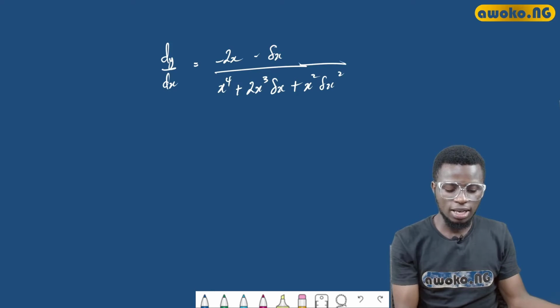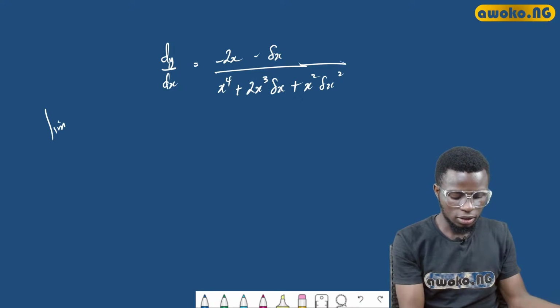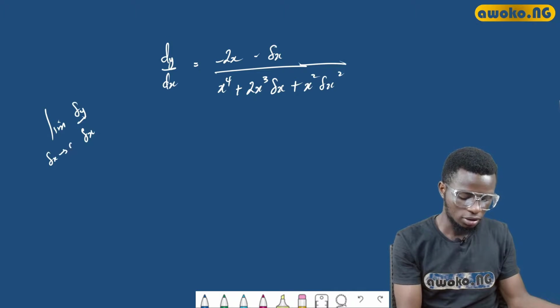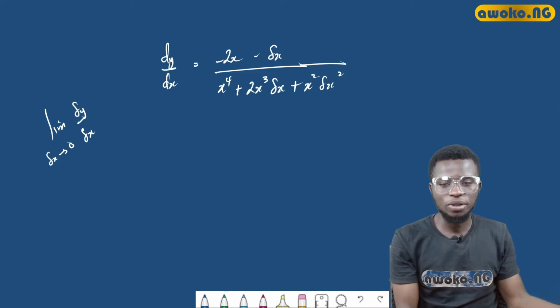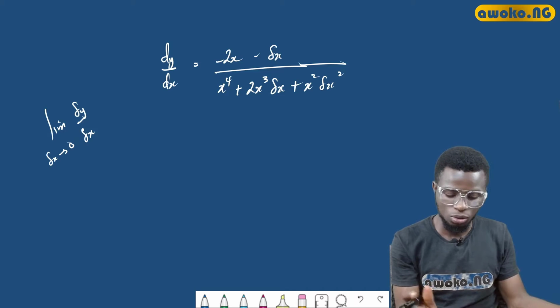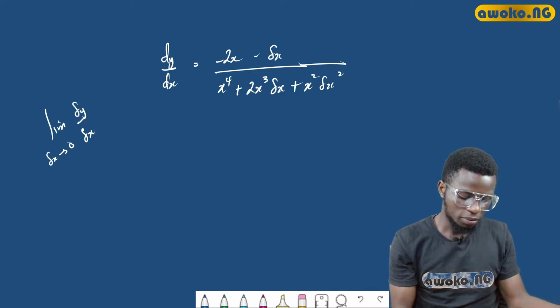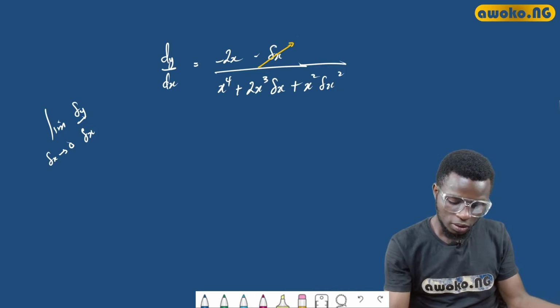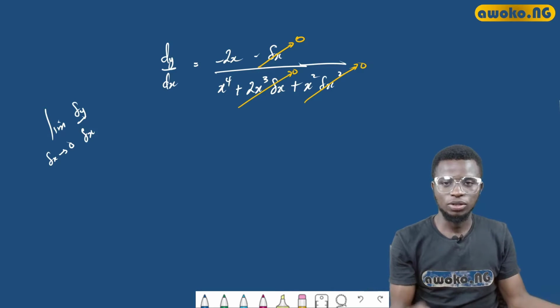And I said that as the limit of dy over dx is taken as dx tends to 0, any other value with dx will tend to 0. That means this will tend to 0, this will tend to 0, and this will tend to 0.